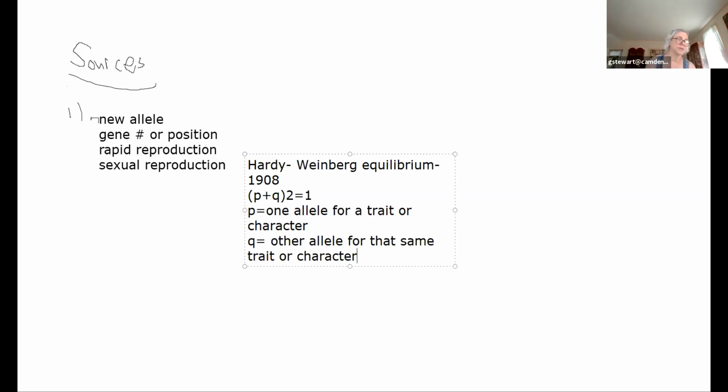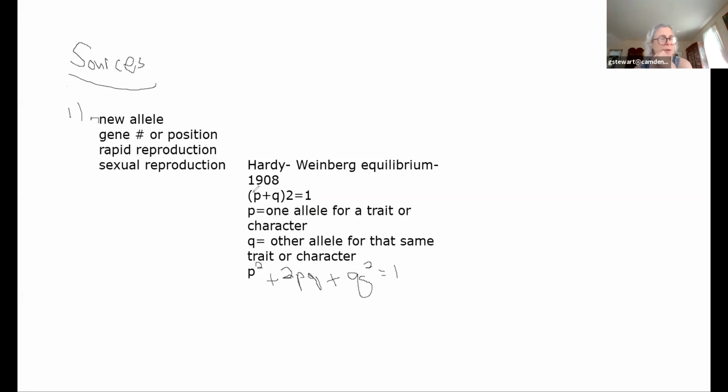Now, if we think about expanding this formula, (p + q)² = 1, if you remember your algebra, it would expand to p² + 2pq + q² = 1, or 100% of the alleles in the population.